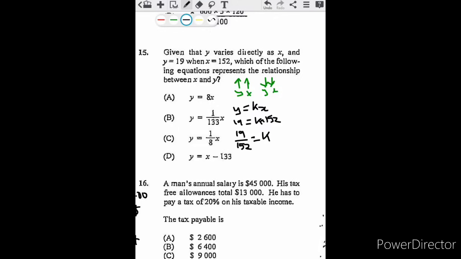Simplifying the fraction, we have 19 into 19 once, and 19 into 152 goes 8 times. So our k value is equal to 1 over 8. And if we were to rewrite our original equation, our full equation, we'll have y is equal to 1/8 x. So our answer would be C.